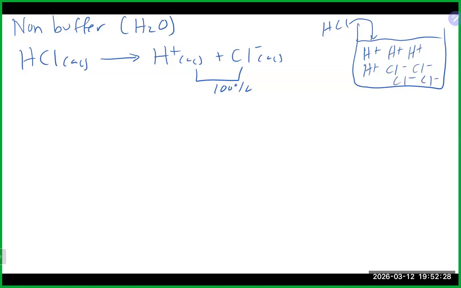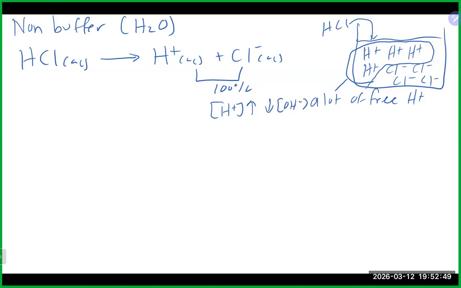And by doing so, this is a little problematic because I am definitely generating a lot of free H pluses really quickly. And that's going to make the H plus concentration in this case go skyrocketing up. And that would also mean that my OH minus concentration is going to go down.